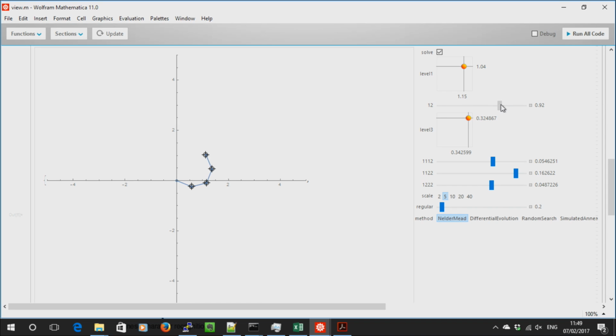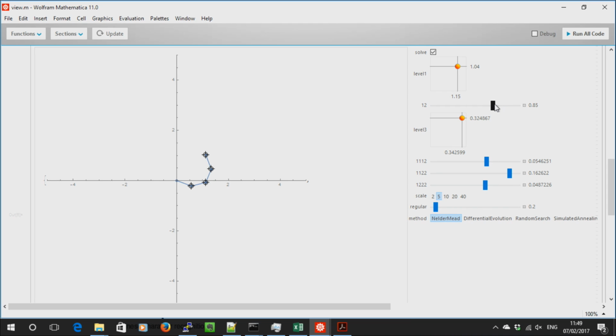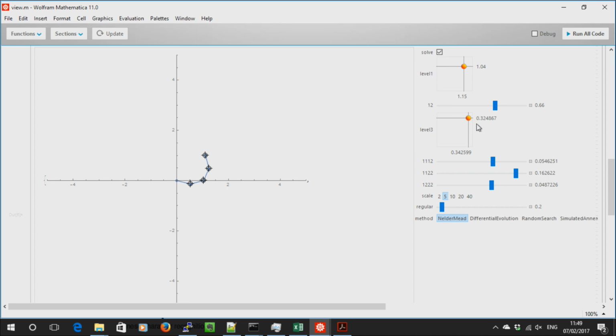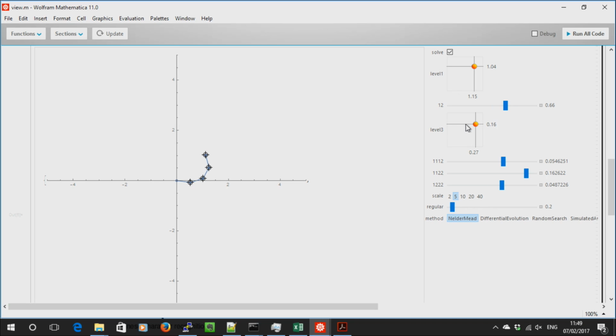So hopefully, when I reduce the area, you'll see the path come closer to a straight line, but the endpoint stays fixed because level 1 is fixed. Moving other elements at higher levels, you'll see slight changes in the path, but it's quite difficult to understand what they're doing.